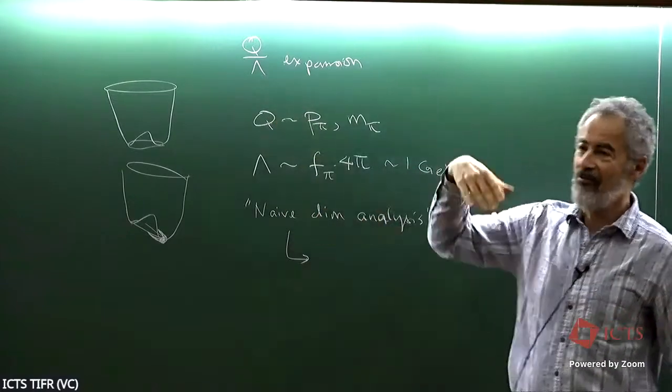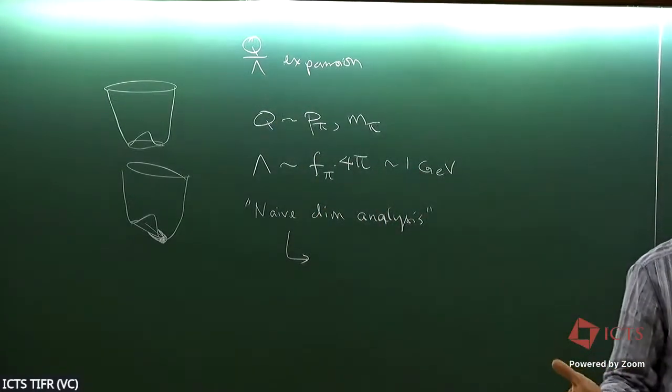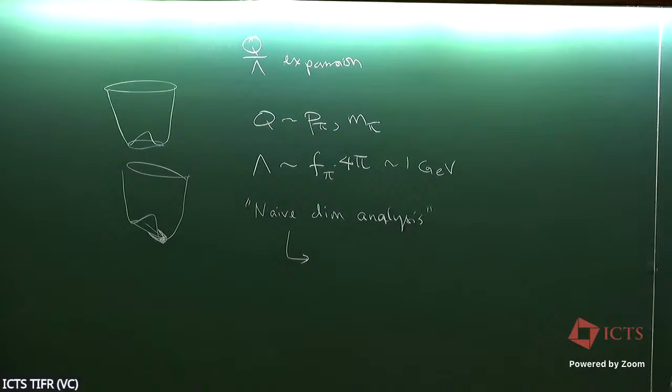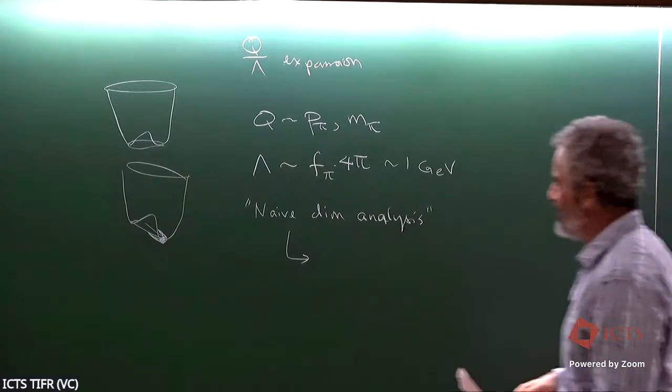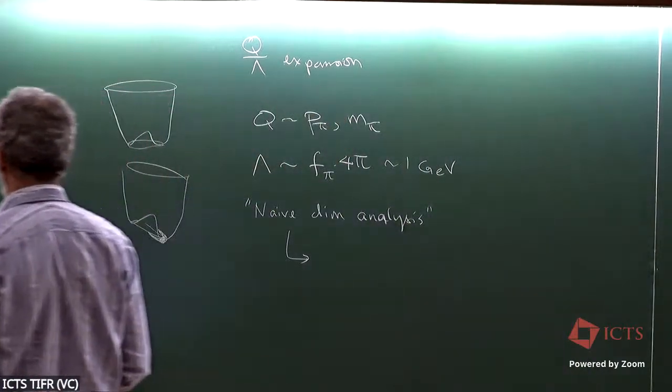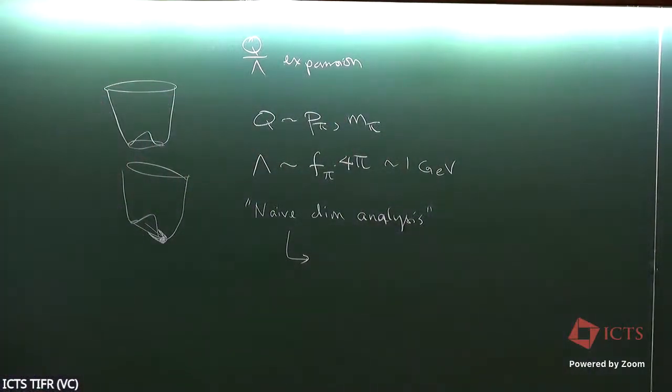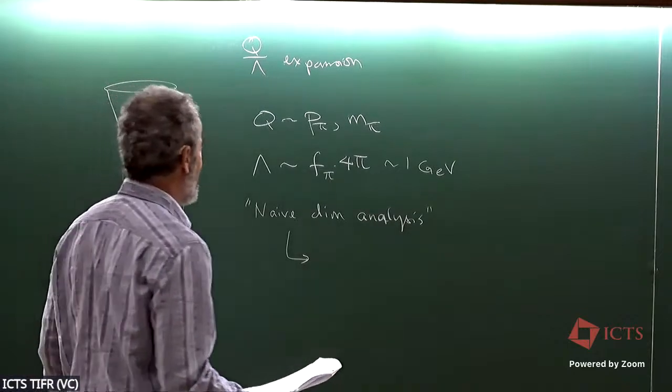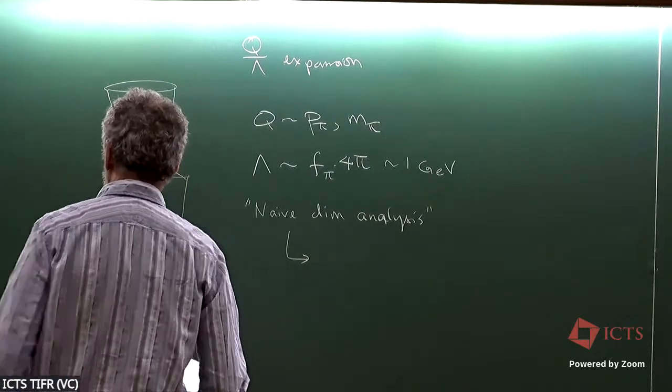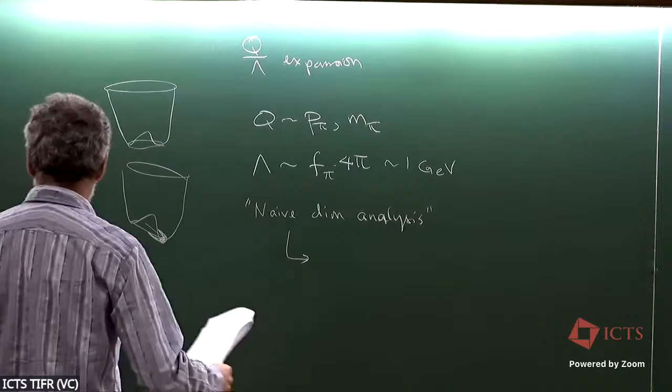And one famous exception where the power counting fails completely is the delta I equals a half rule, where decays are much, much bigger than you would have expected in delta I equals 1/2 compared to delta I equals 3/2. But this is sort of a rough guess. Let me continue with this here.